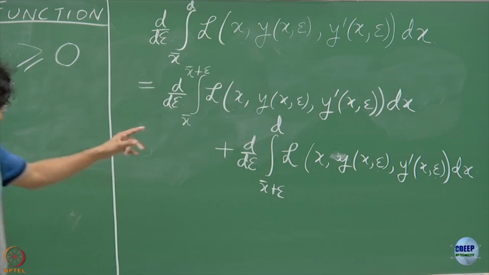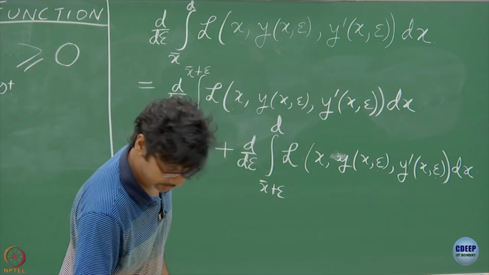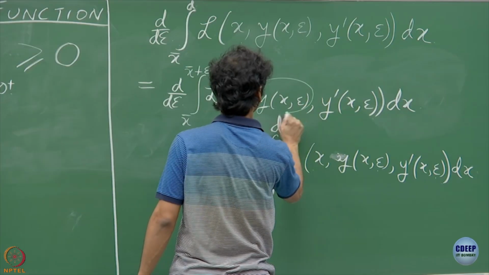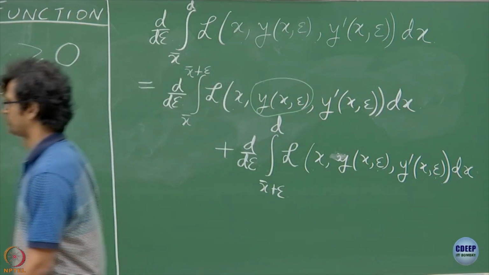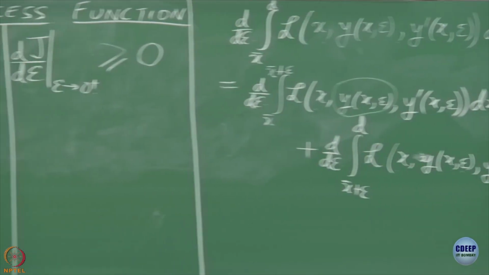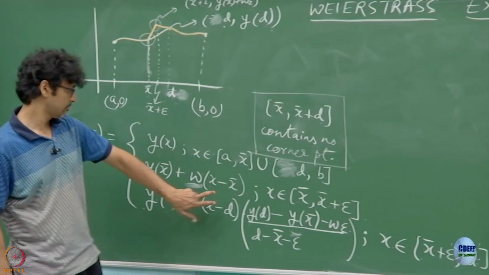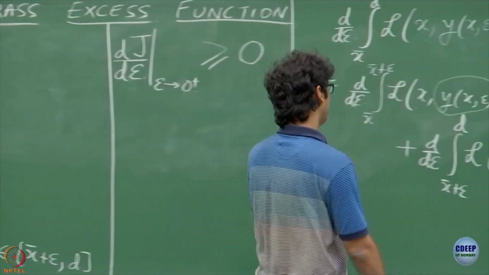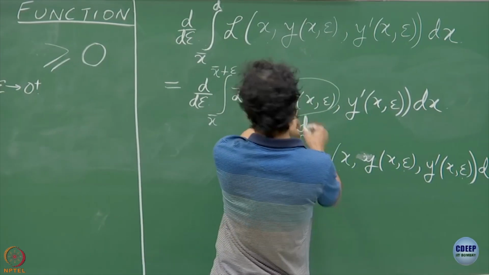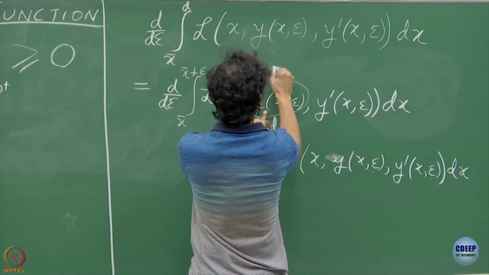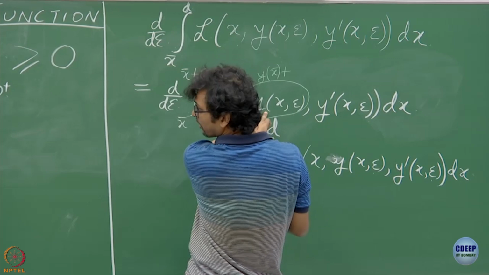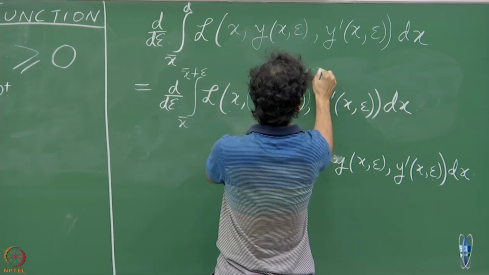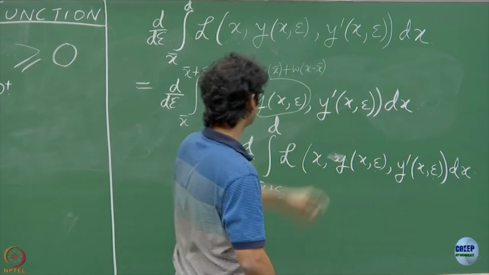Okay. Now, what do you think this term is? Well, you don't have to think, I've exactly written what it is. This, yes? So I might very well replace this with y at x bar plus w times (x minus x bar). And what about this?